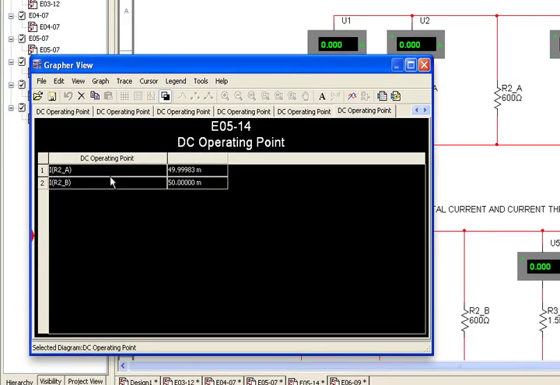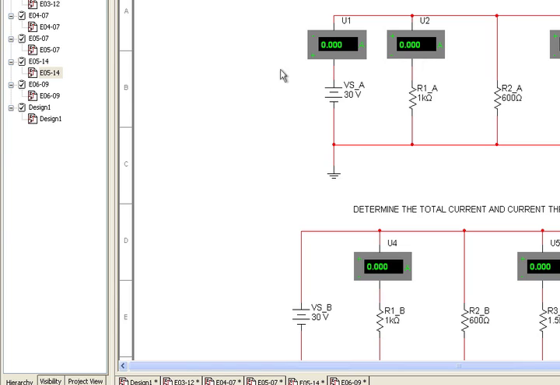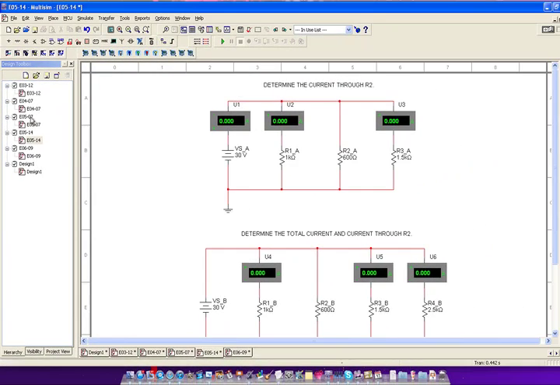So here in this sheet, it gives us the value of the current at R2A, and as we see, it's very close to the current I2 in the example in the book. In the example, it is 50 milliamperes, and here it is 49.99983 milliamperes. That's nice. And for R2B, it is 15 milliamperes. Okay, and by this, we're done with the fourth problem.